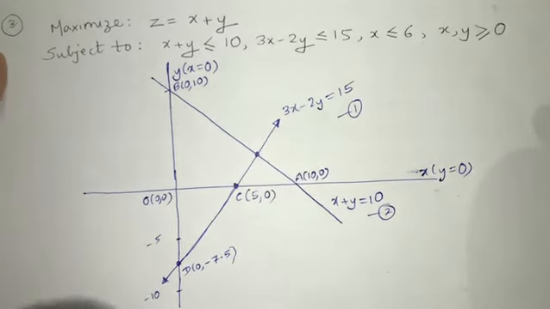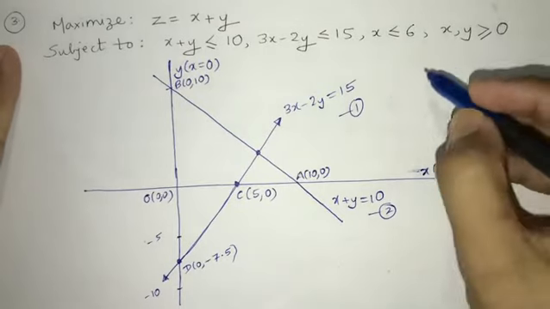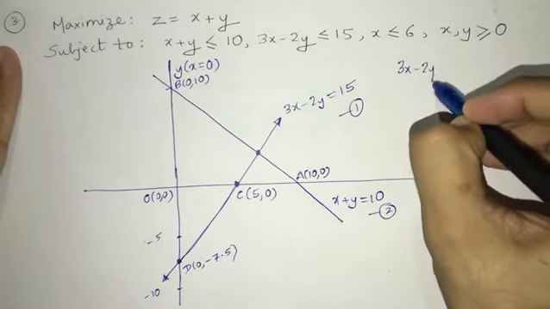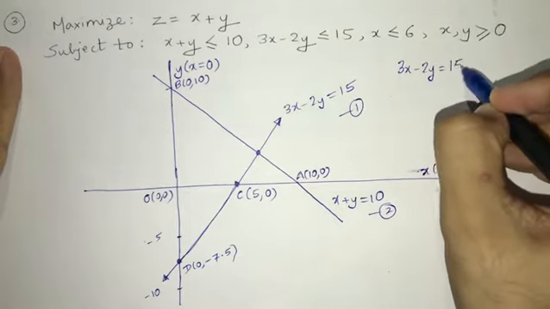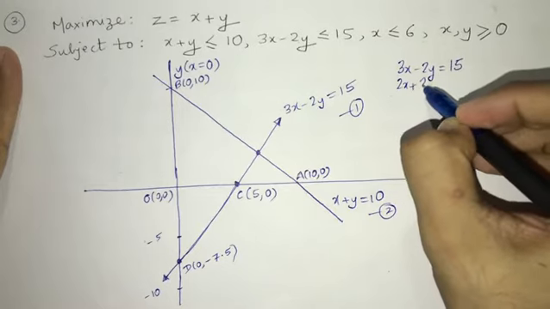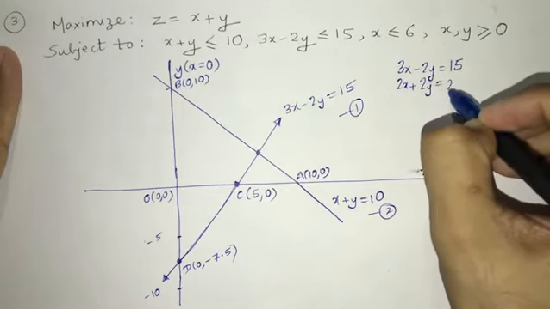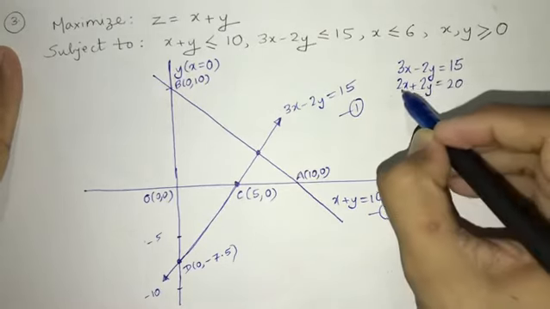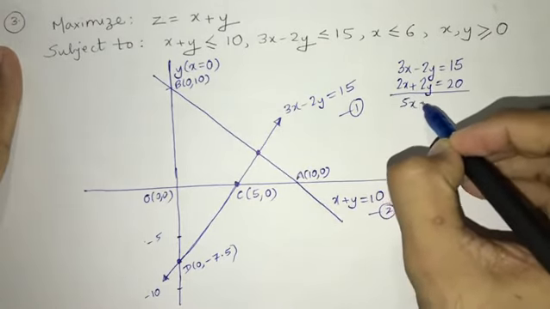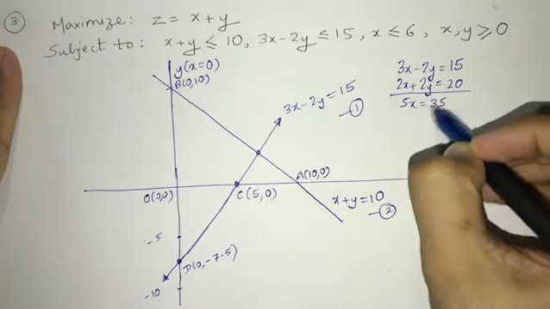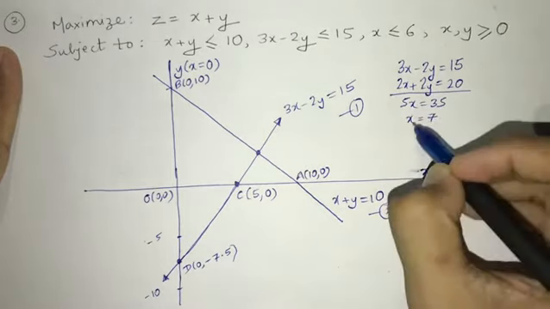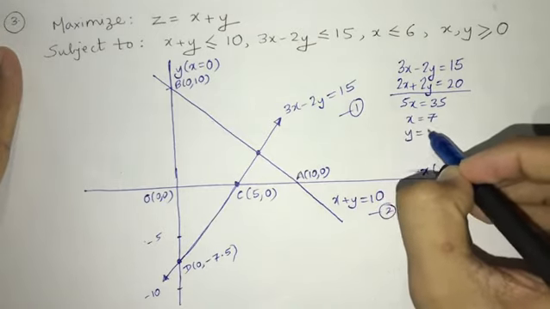For that, you have to solve them simultaneously. We have 3x minus 2y equal to 15. Multiply the other by 2 to get 2x plus 2y equal to 20. When we add these two, I get 5x equal to 35, so x is 7 and y is 3.